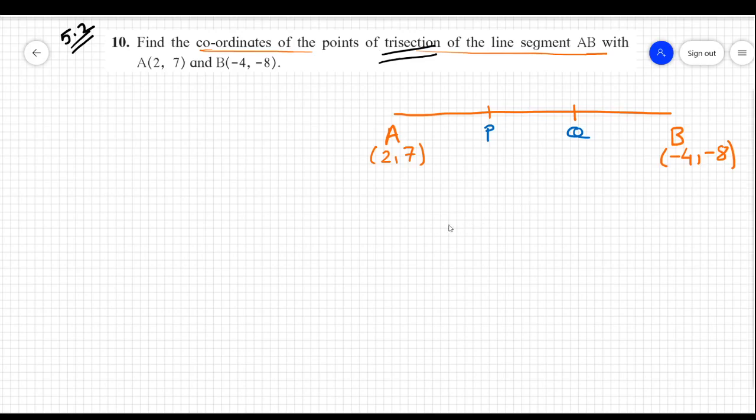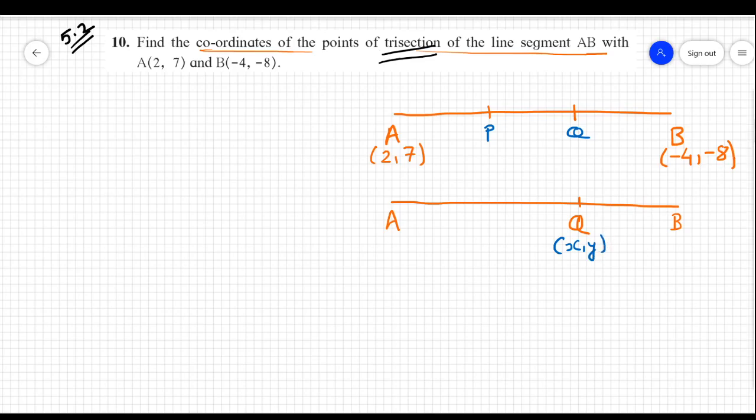Let me draw another simple diagram to help you understand. Suppose this is again AB, and I now take only one of the points, suppose only Q. We want to find the coordinates of Q, let me call it (x, y). A (2, 7) and B (-4, -8) are given.